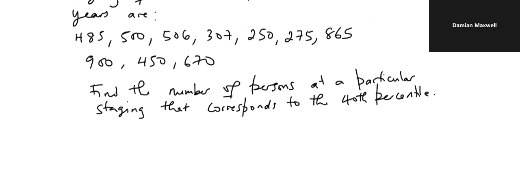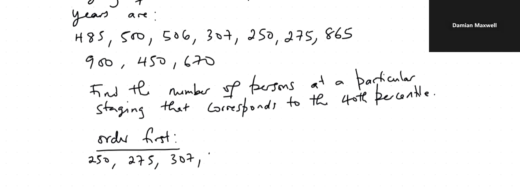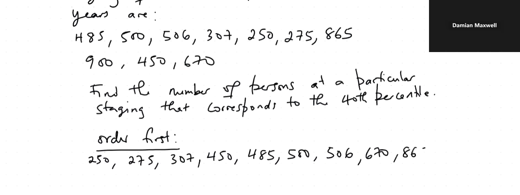So remember that we need to order our data values first, right? So remember to order first. What would this be in order? 250, then we have 275, 307, 450, 485, 500, 506, 670, 865, and 900.